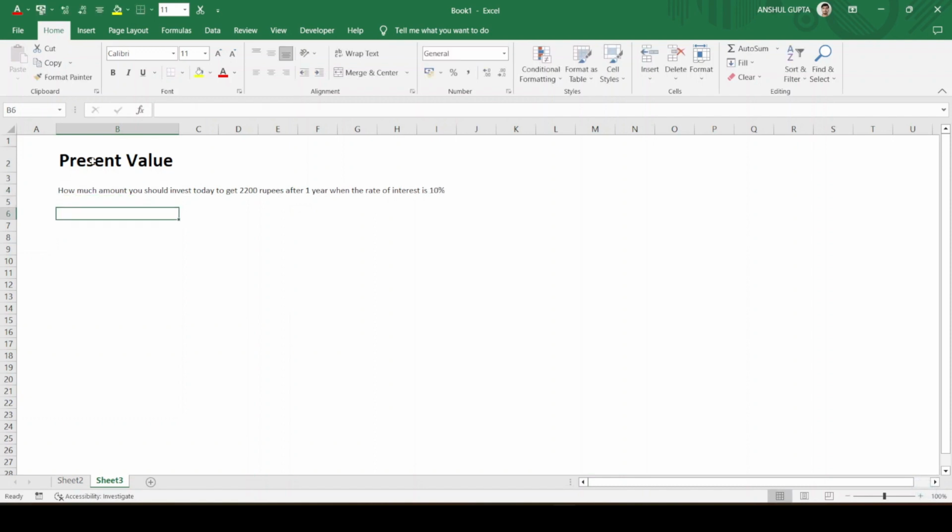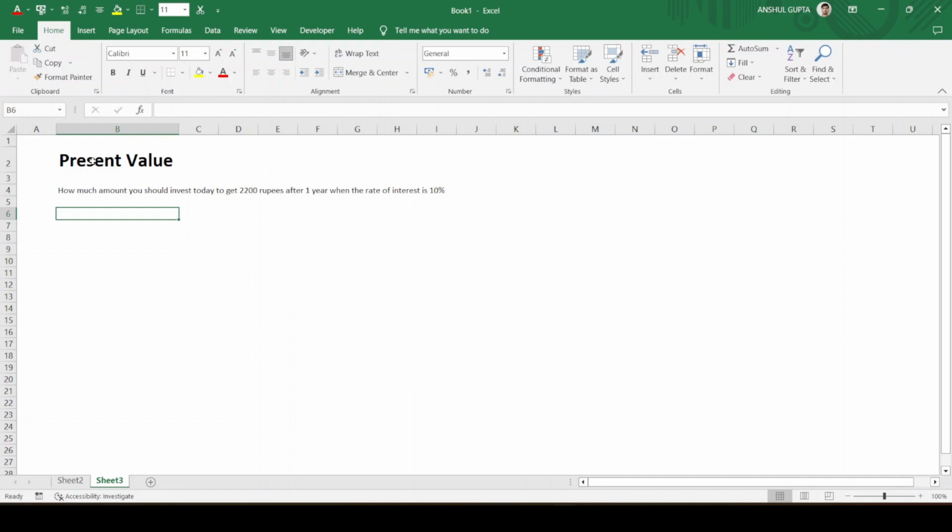So if we want 2200 rupees after 1 year, that means this 2200 rupees is the future value of a certain amount which we need to calculate using the formula of present value.